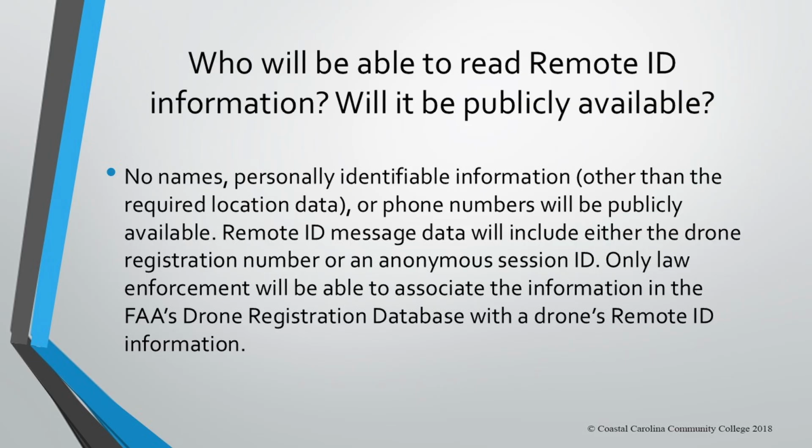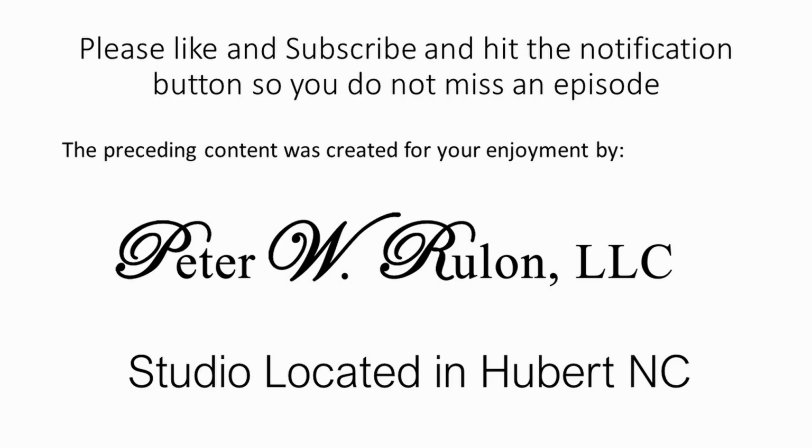Only law enforcement will be able to associate the information in the FAA's registration database with a drone's remote ID. So it will broadcast an ID number, which is either the drone serial number, if internal, or the module's serial number, if external. Currently, you do not need an internet connection. It just broadcasts locally.